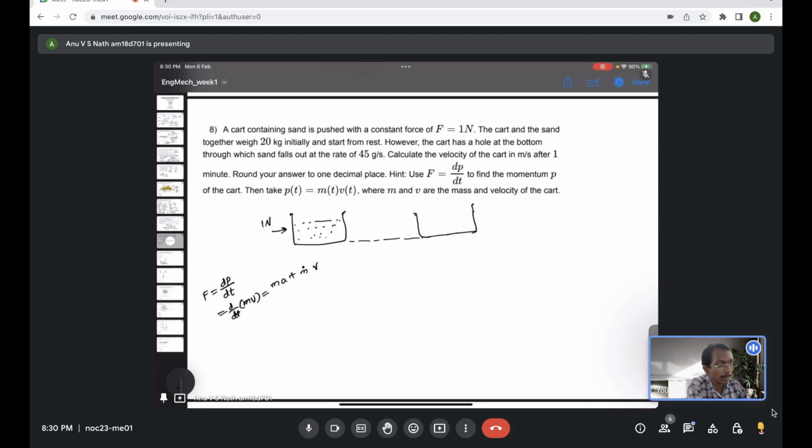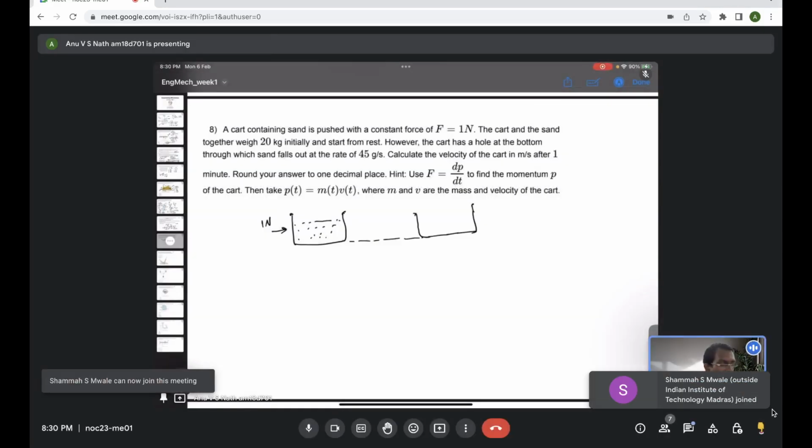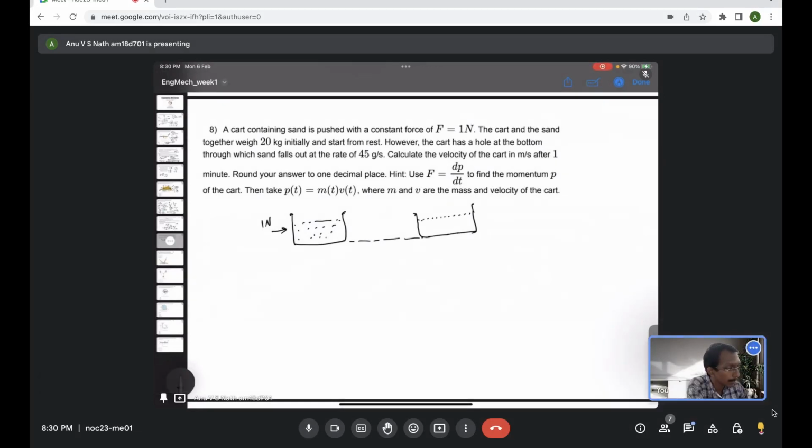So here it is a similar situation. The mass of the body is changing. Let me finish the diagram. The amount of sand is now reduced because there was a hole through which the mass was leaking at a rate m dot.